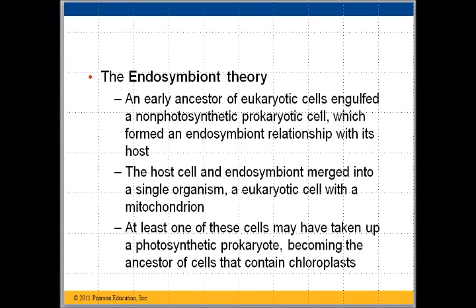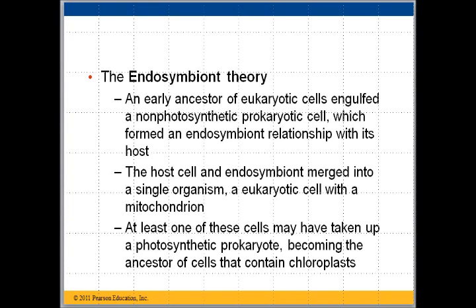Maybe that happens again, and perhaps it engulfs another cell or another living creature that was photosynthetic, that did photosynthesis and produced its own food. And again, instead of destroying and basically eating it, it allows it to live and develop inside. Well, if that's the case, that could become the chloroplast. That seems pretty far-fetched, but a lot of the evidence points in that direction.